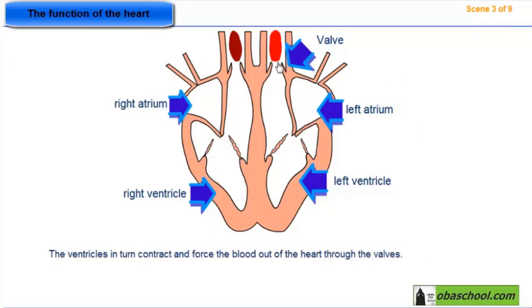And as we said, the oxygenated blood will go to the cells of the body, the deoxygenated blood will go to the lungs, so that it can become oxygenated and then go back to the left atrium.